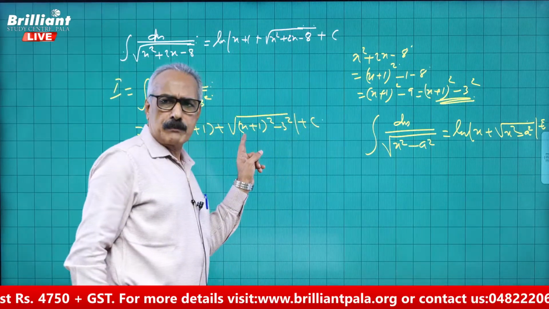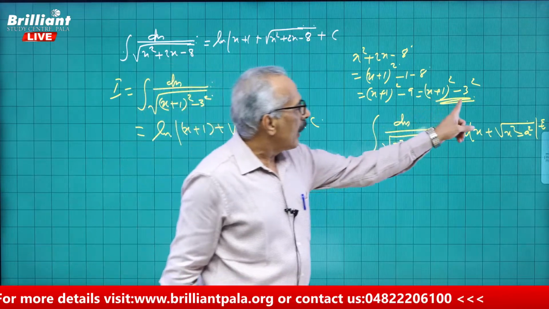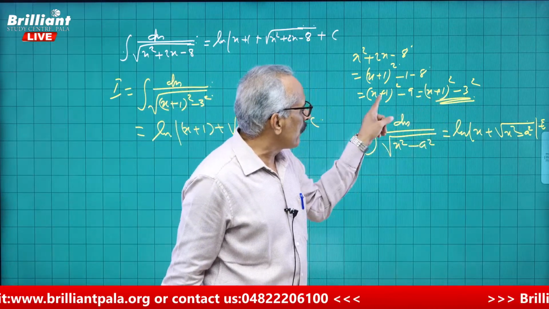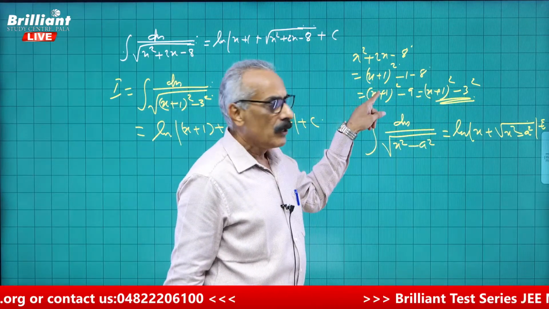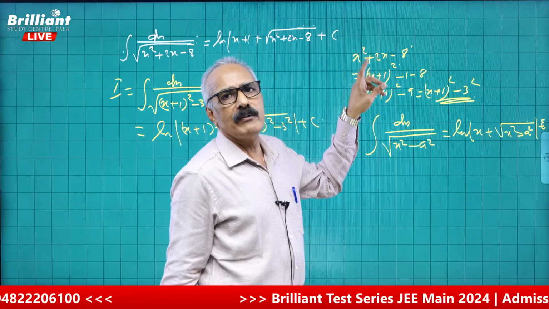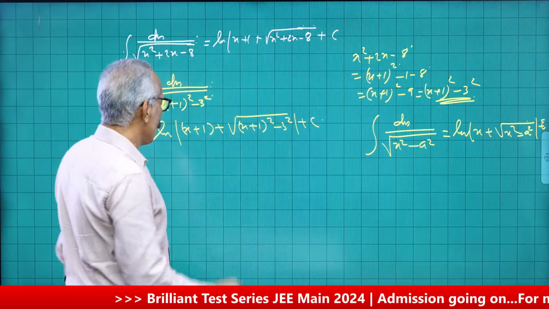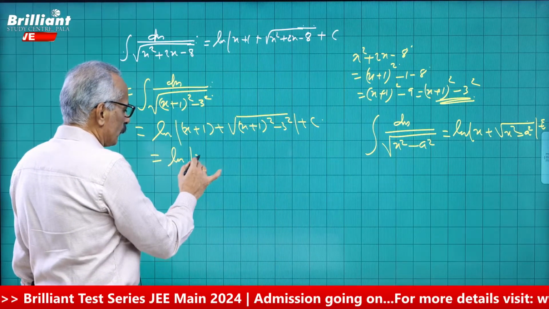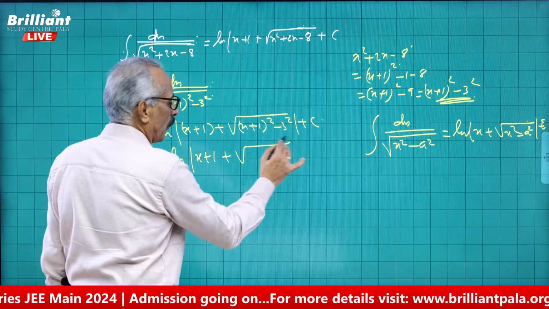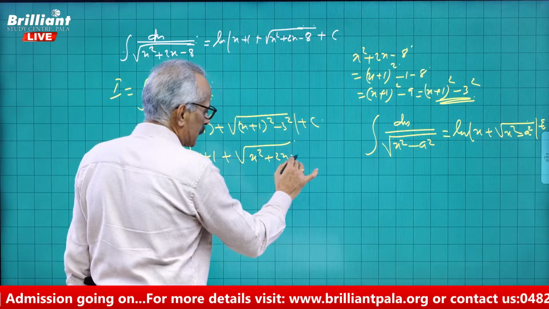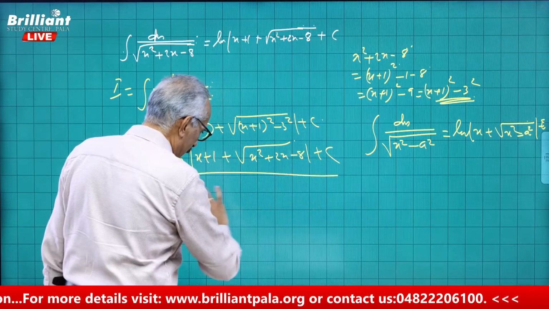Now, how did you get this x plus 1 the whole square minus 3 square? I got this from the previous step. So, this is equal to logarithm of x plus 1 plus square root of x square plus 2x minus 8 plus c.